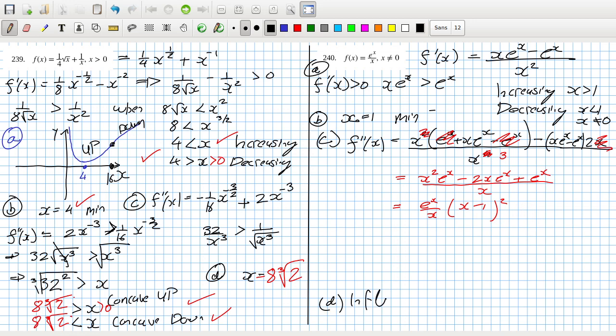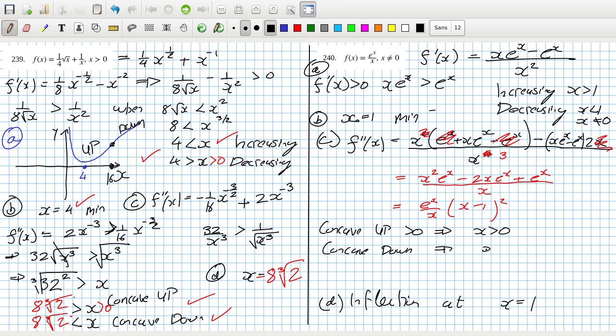So the inflection is at x equals 1, but concave up is when this is positive. So that would mean just when x is positive. And then concave down is when this is negative.